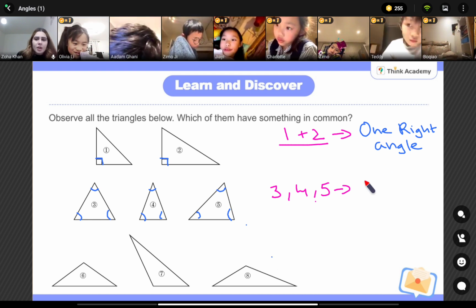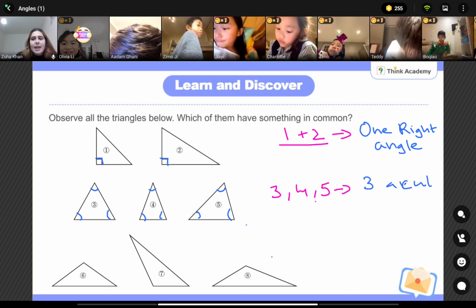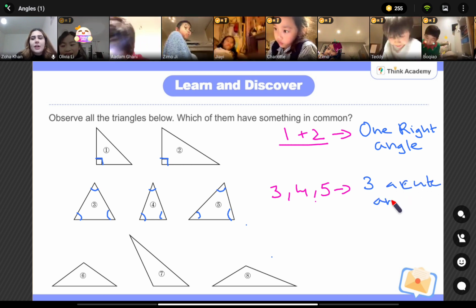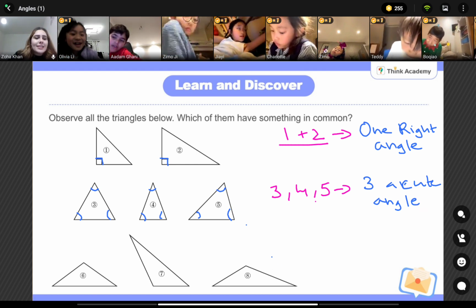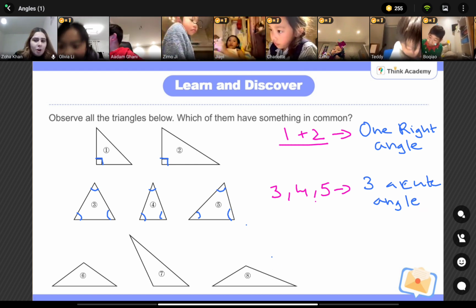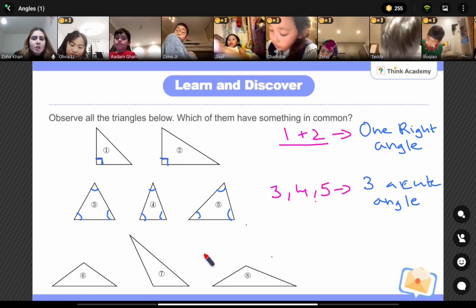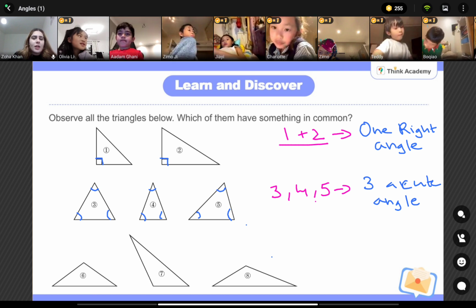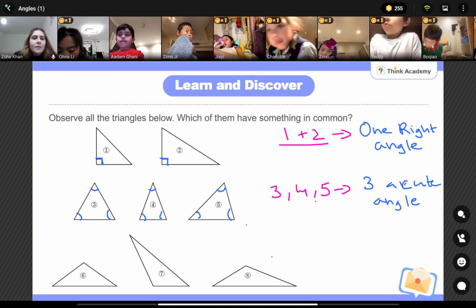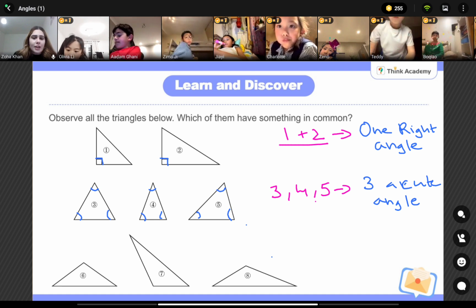In each triangle, we have 3 acute angles, okay? We have 3 acute angles, which means every single angle is acute. Very, very well done. Okay, so everyone, the first 2 triangles, they have one right angle. Number 3, number 4, number 5, all of the triangles have 3 acute angles.